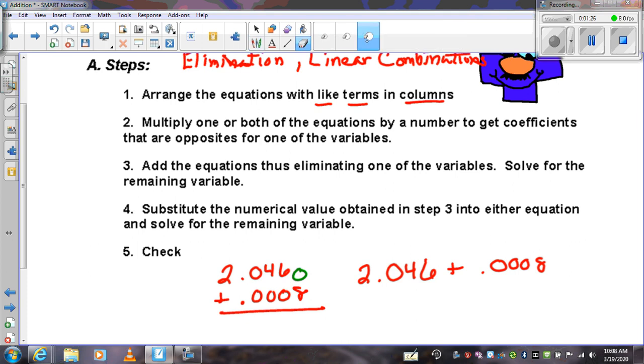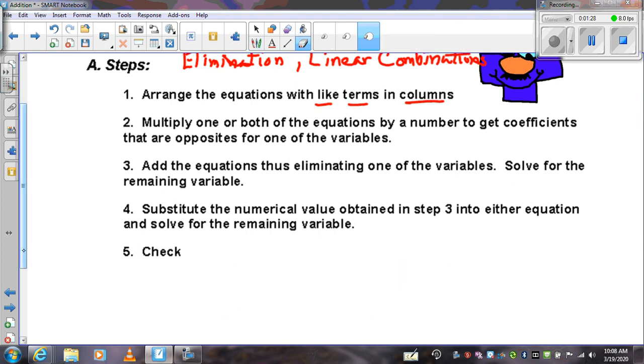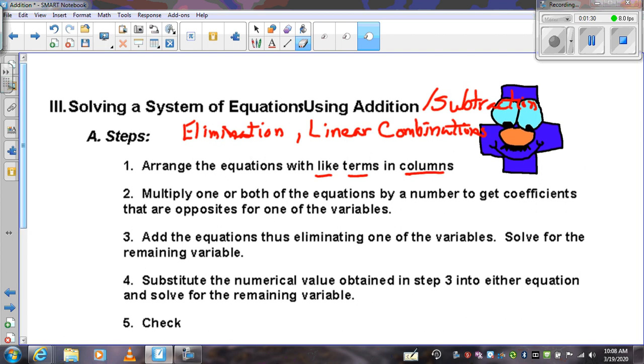So if we're going to do this method, which is also called addition or subtraction, then lining things up is going to be important. Then our next goal is to get opposite coefficients for one of the variables, for just one. So you may need to multiply one or both equations by a number to get those coefficients that are opposites. So the first thing, line them up.